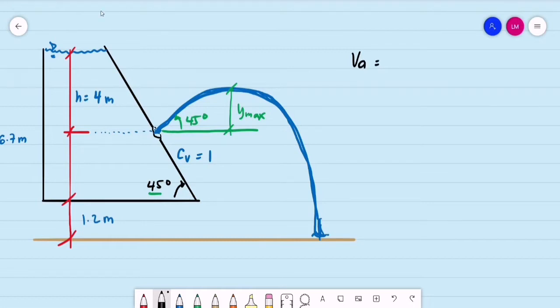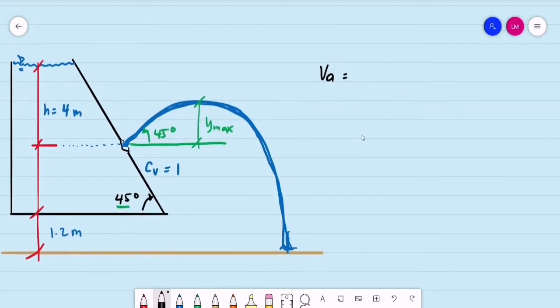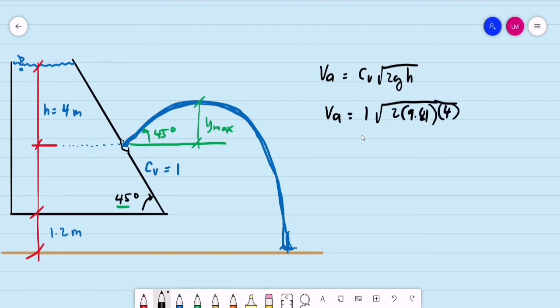Okay, paano ba tayo nagko-compute ng actual velocity? Ito yung coefficient of velocity, the square root of 2g times the h, or the head. So, actual velocity is equal to 1, multiplied by square root of twice of 9.81, under a head of 4 meters.